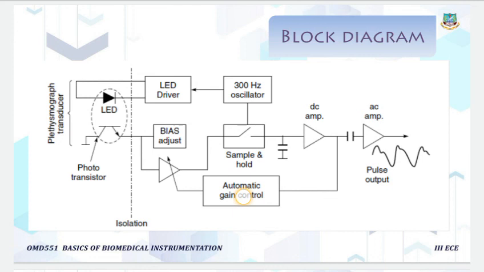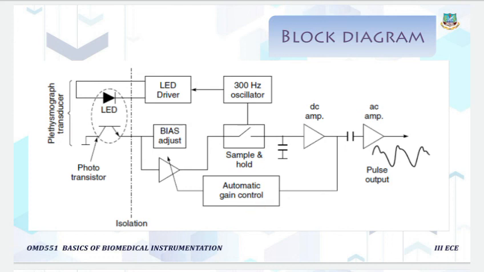It adjusts the amplifier gain to yield a constant average pulse height at the output.